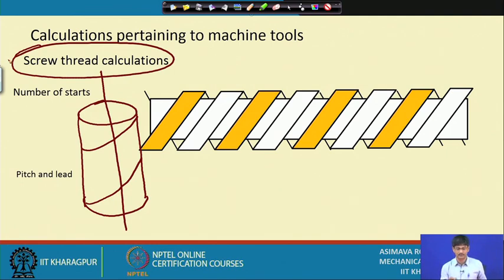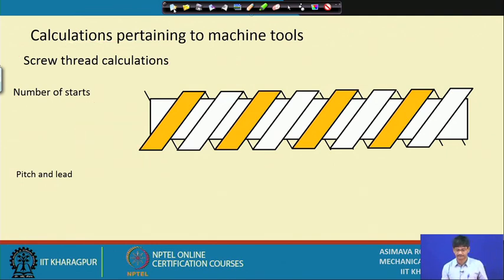Let us see how they help us. First of all, what is this screw thread doing? What information does it give us? In a screw thread you will find some typical definitions attached to it. For example, the distance between similar successive points on a thread. First of all, this is a helix. Similar successive points on a thread, it is called pitch. This one is called pitch.